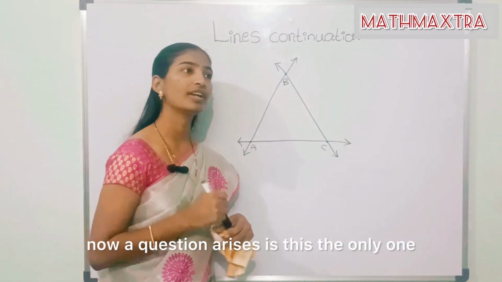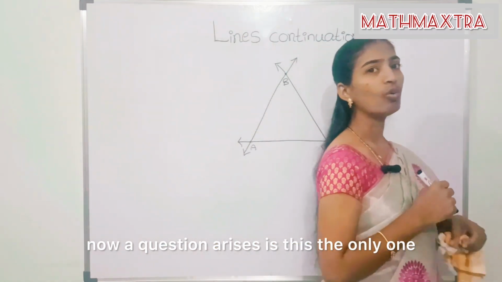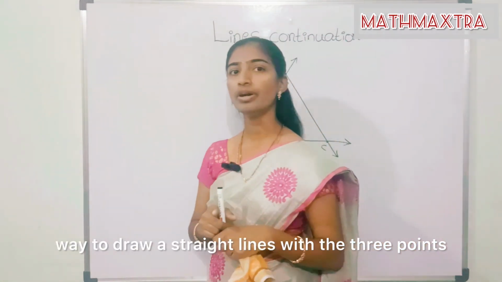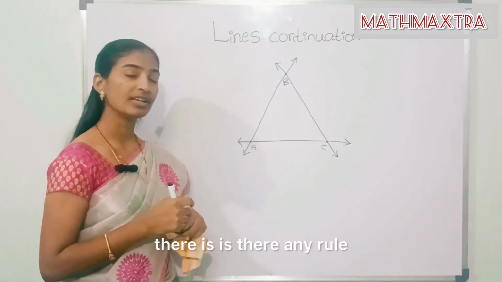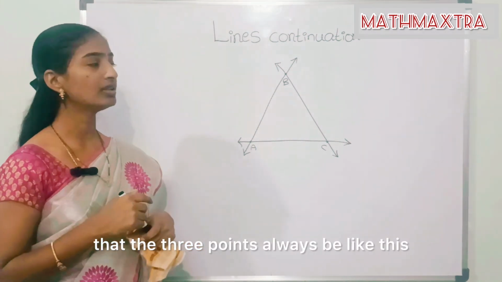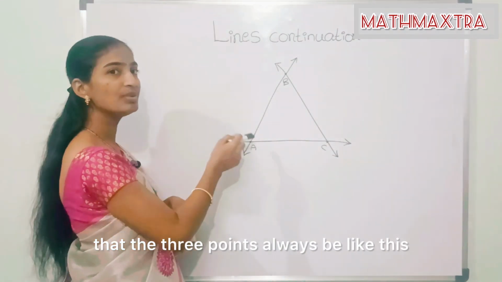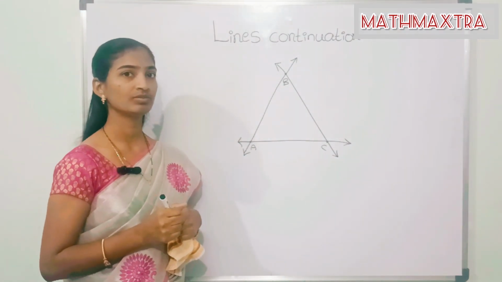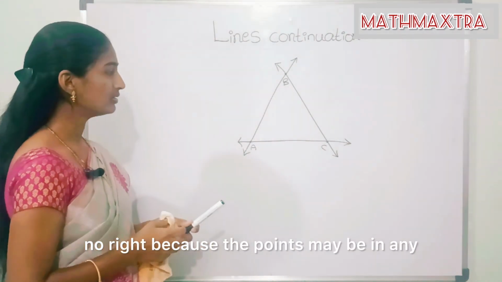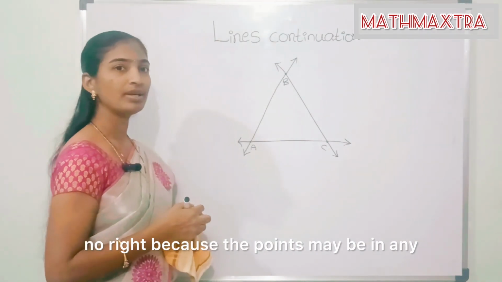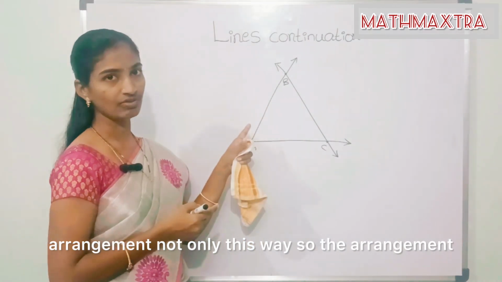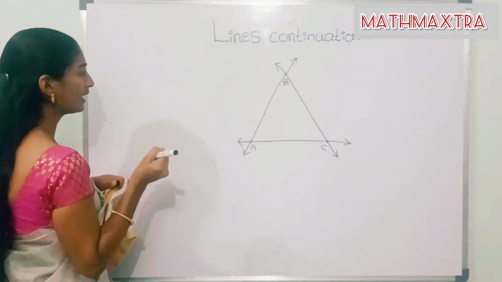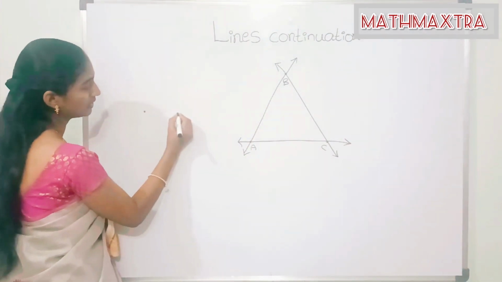Now a question arises. Is this the only way to draw straight lines with 3 points? Is there any rule that the 3 points must always be like this? No, right? Because the points may be in any arrangement. The arrangement can be like this also.